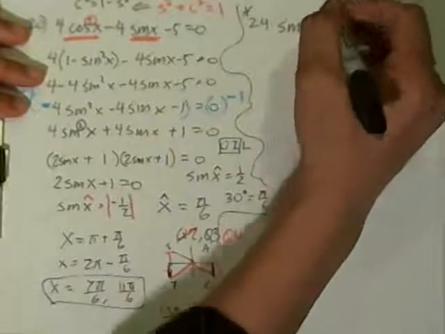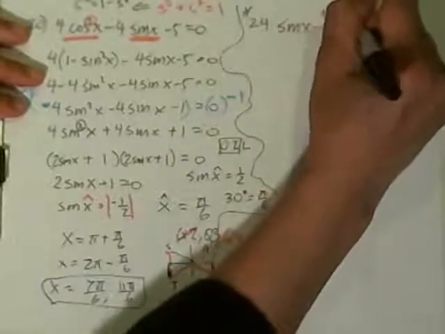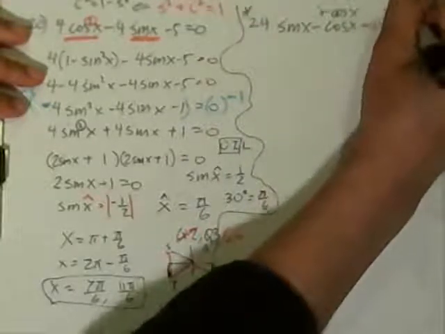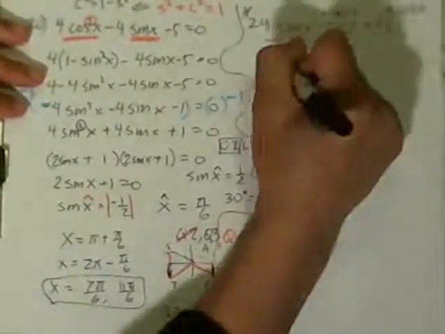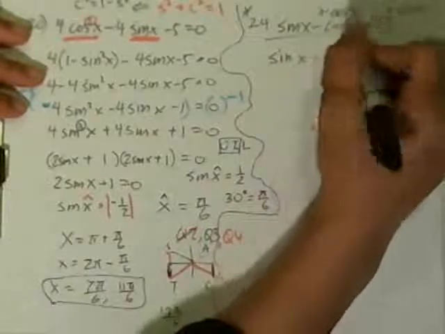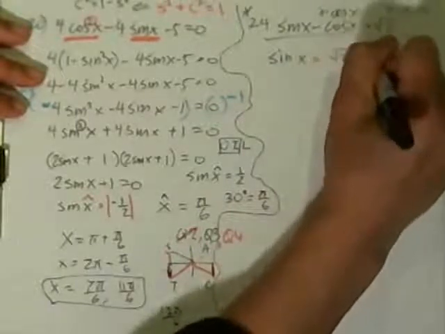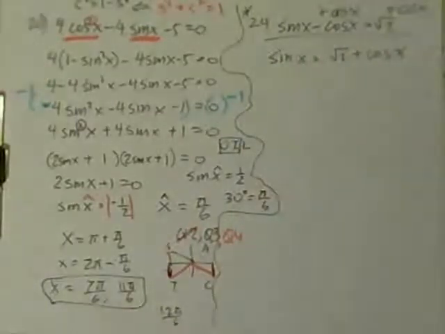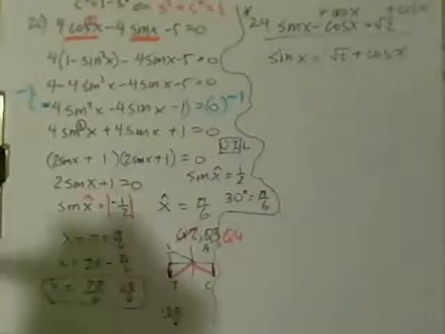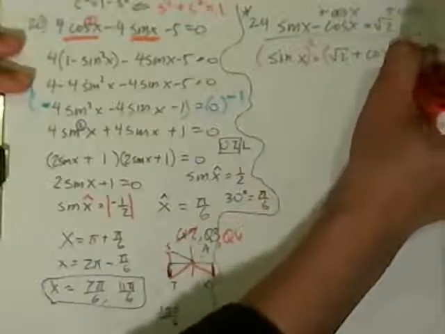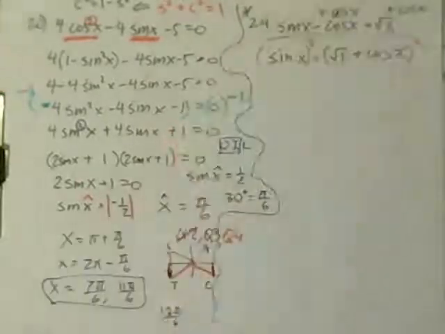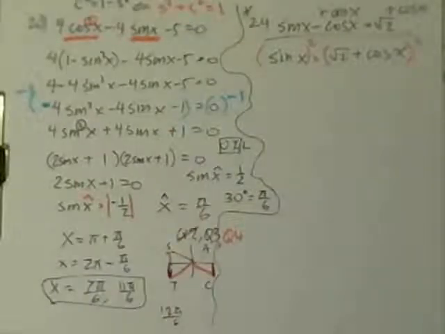I'm going to add cosine of x to both sides actually. You end up with sine of x is equal to radical 2 plus cosine of x. Now what we have to do is we have to square it. By the way, if you use the alternate method, you're still going to get the same answers.